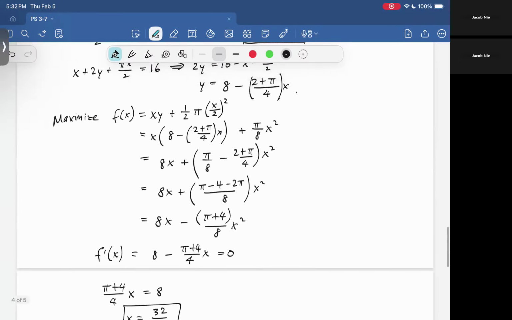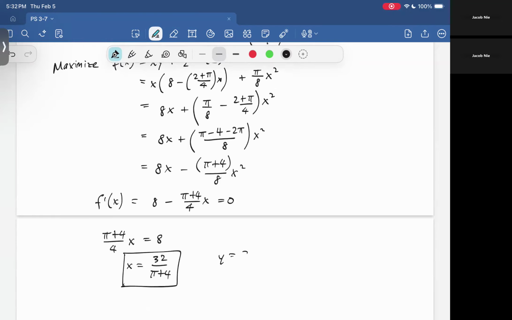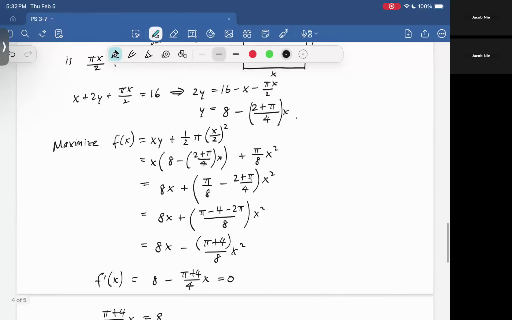Now if I plug it in, I get y equals 8 minus 2 plus pi over 4 times x, which is 32 over pi plus 4.